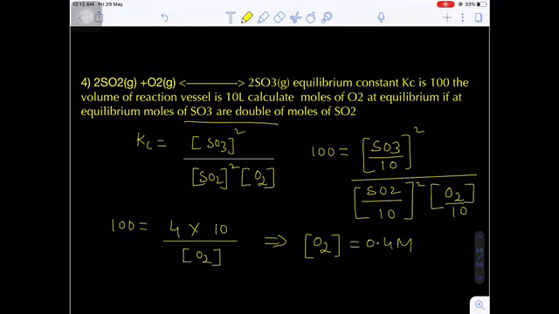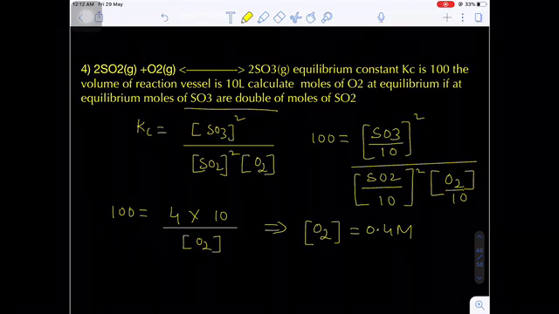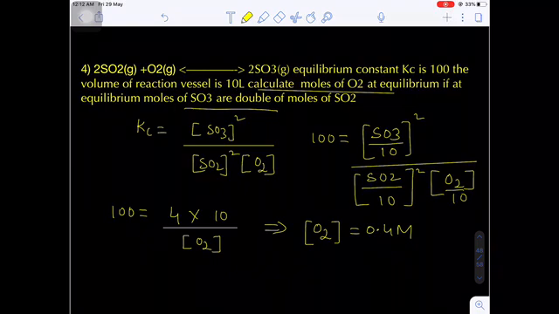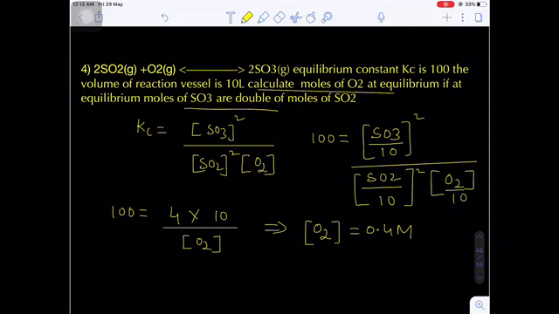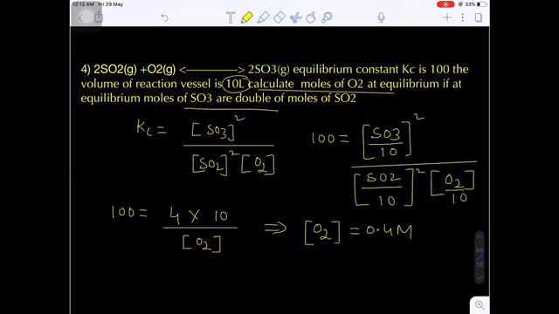0.4 moles per liter. Now the question is not the concentration, the question is the number of moles. This is per liter of the container. Per liter of the container there are 0.4 moles, but our container is 10 liters.